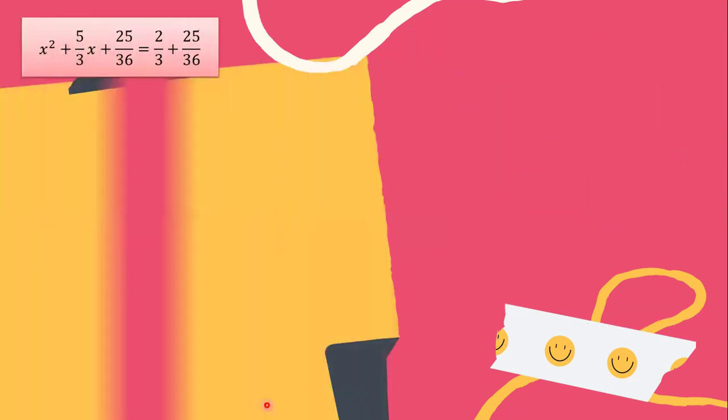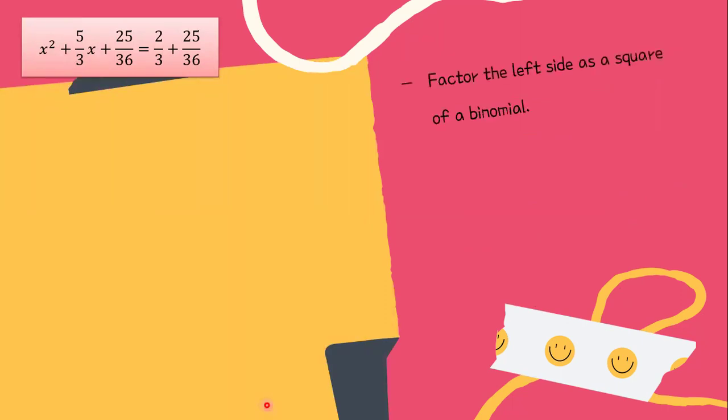Let's continue solving. So factor the left side as a square of binomial. So how are we going to do so? We find the factors of x squared, that is x and x. And we also find the factor of this one, that is just 5 over 6. So that is x plus 5 over 6 squared equals, you simplify this one by finding the LCD.